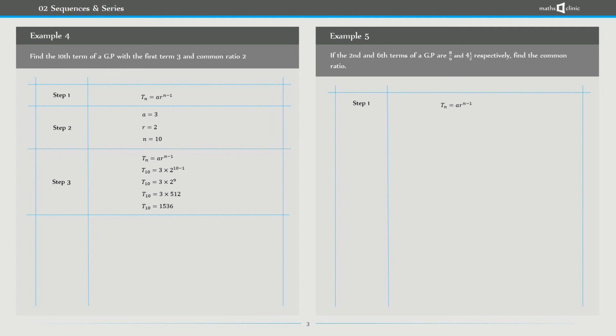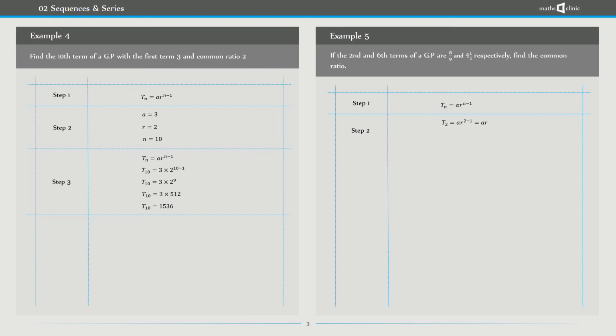So how do we go about solving this? First thing we need to do is identify the relevant formula. We're working with terms of a GP, so we have that Tn equals ar to the power of n minus 1. Then T2, the second term, is ar to the power of 2 minus 1, which is ar to the power of 1, simply ar.